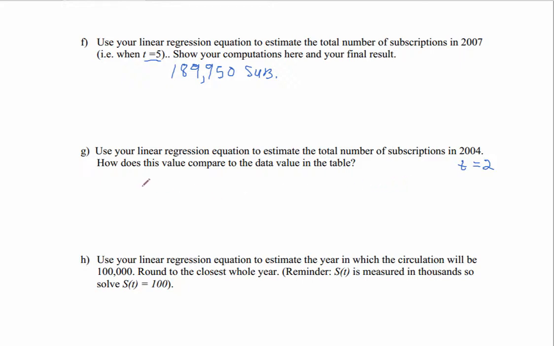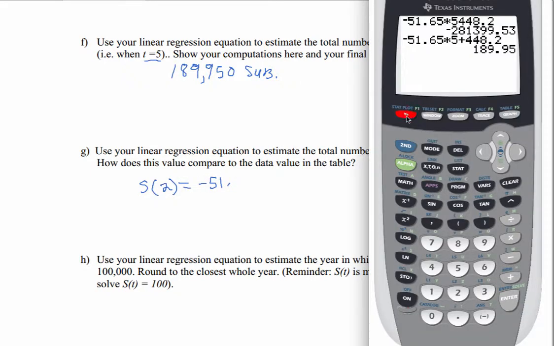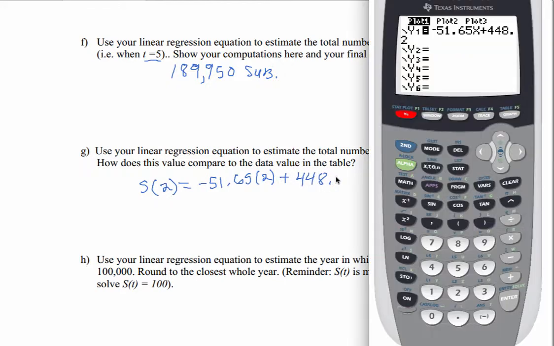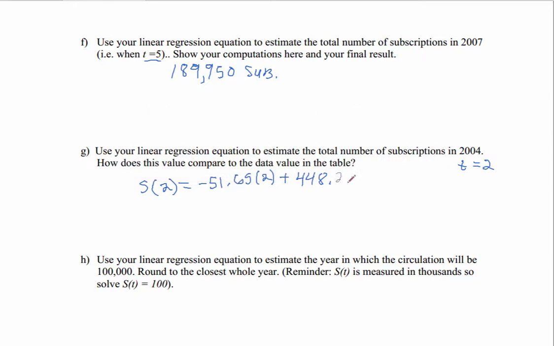Okay, so let's write this one out completely, like we did in the last one. That's going to be S of 2 is equal to negative 51.65 times 2 plus 448.2.